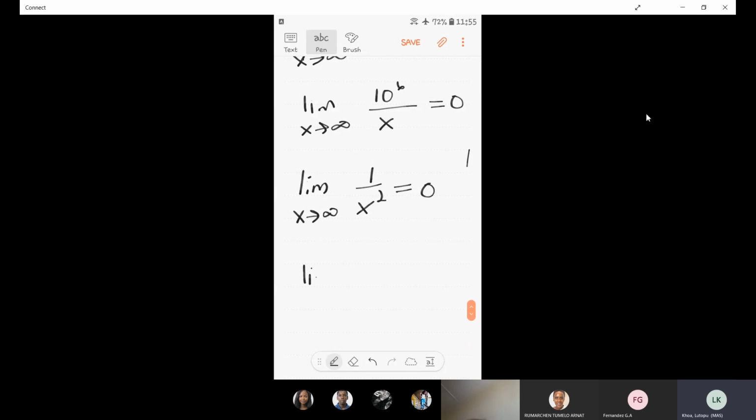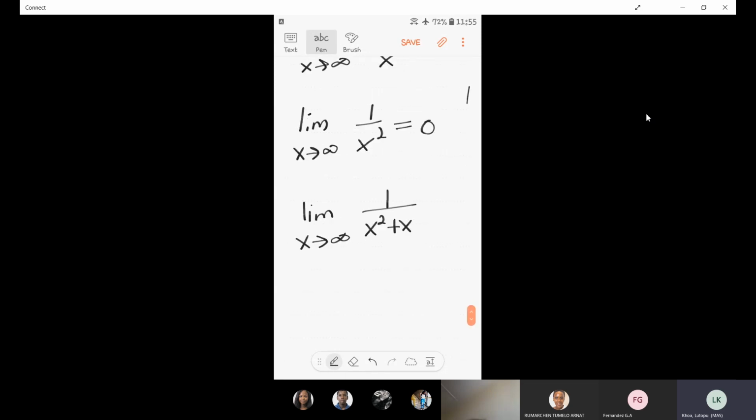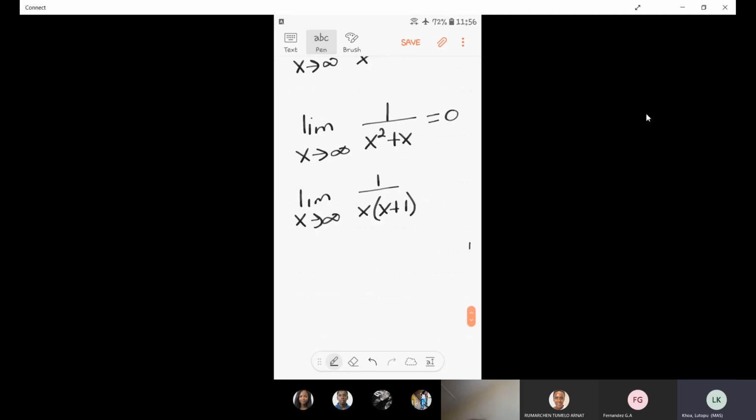Also, the limit as x goes to infinity of this one, 1 over x squared plus x. This is actually also equal to 0. Now this one, you can think about it in this way. This is the limit as x goes to infinity of 1 over x times x plus 1. And you remember your partial fractions.